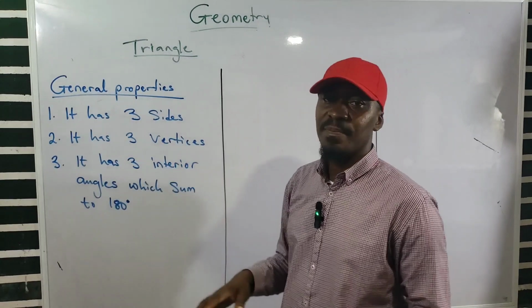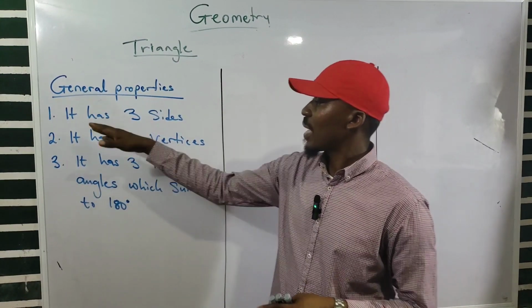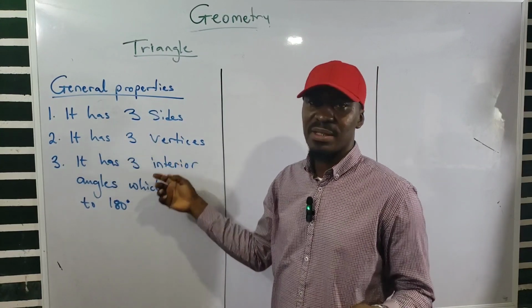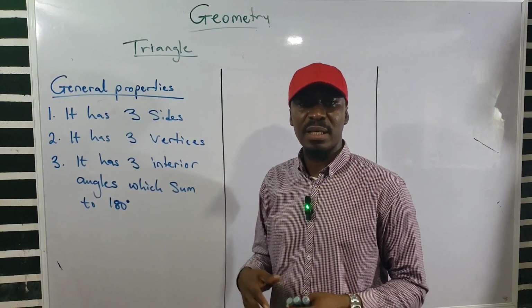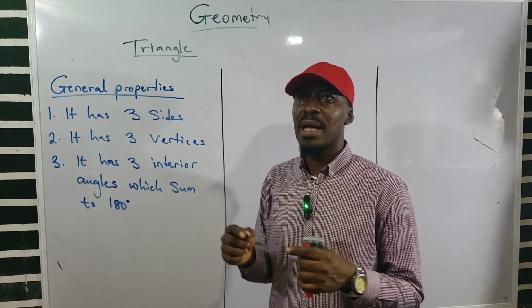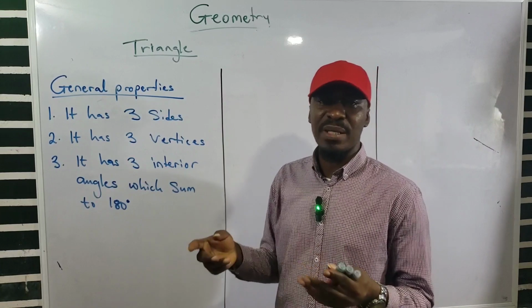So these are the three general properties of a triangle. A triangle has three sides. A triangle has three vertices. I will explain what a vertex is. The plural of vertex is vertices. A vertex is where two lines or three lines meet in a particular shape.